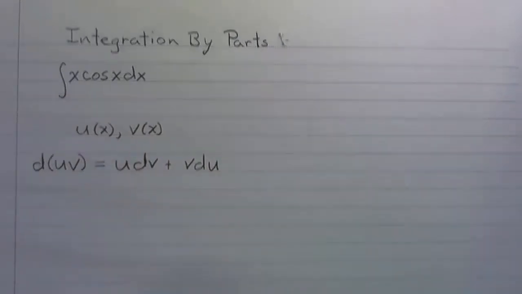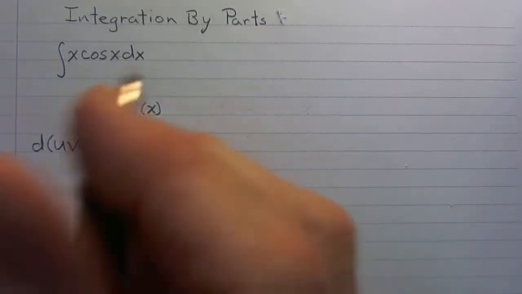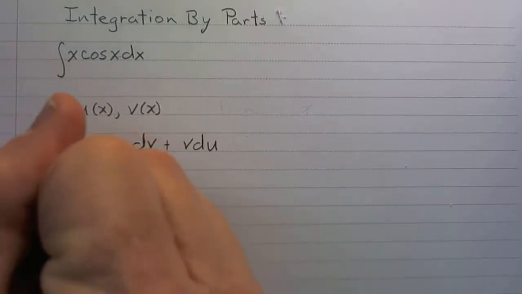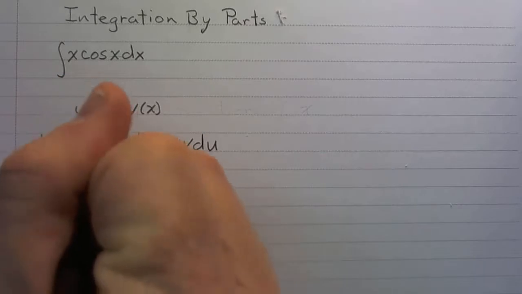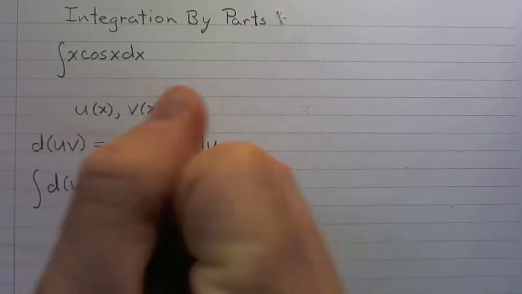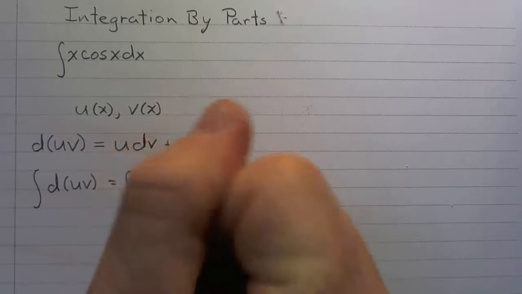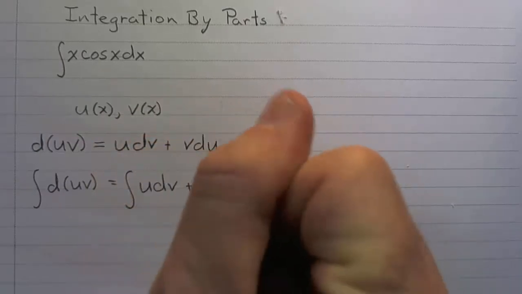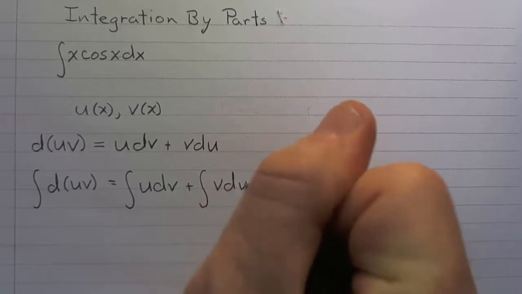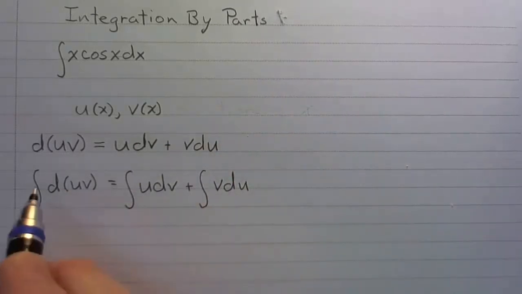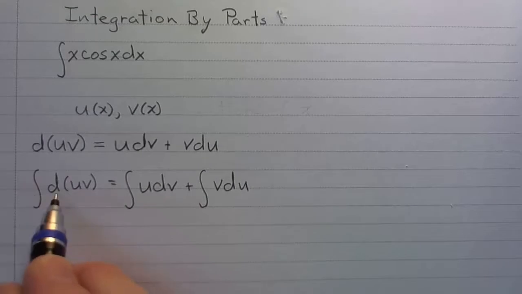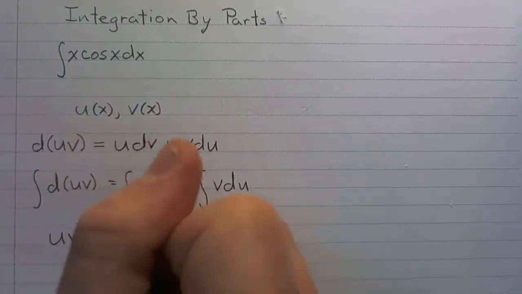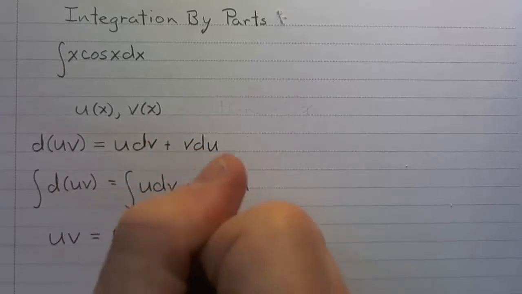Now that I've done that using the product rule, let me go the other way and integrate both sides. So I'm going to have the integral of u dv plus the integral of v du. I just integrate it through. Now, of course, when we integrate this derivative, we get uv, and all of these still have the integral with them.